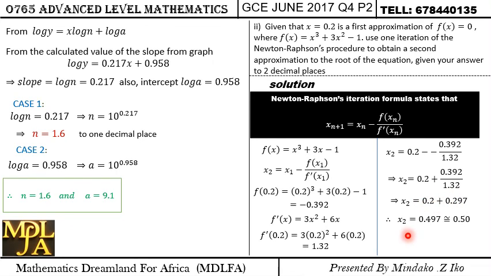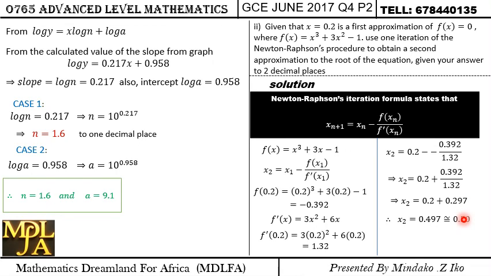Therefore my x2 is equal to 0.497, which is approximately 0.50. Why did I approximate it? Because the question said give your answer to 2 decimal places. So this is my answer in 2 decimal places.